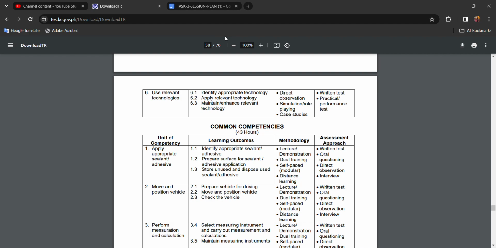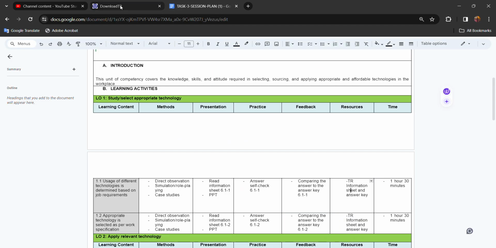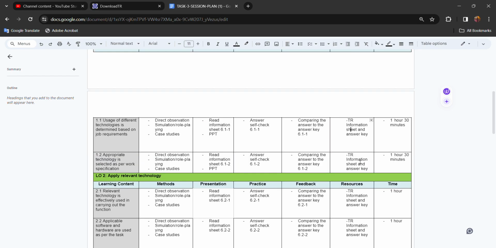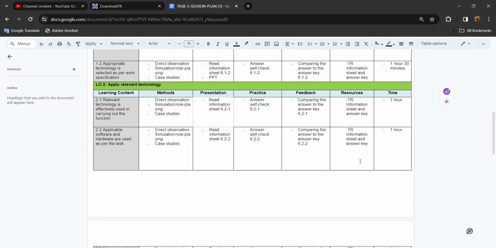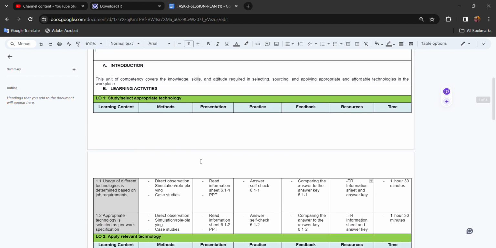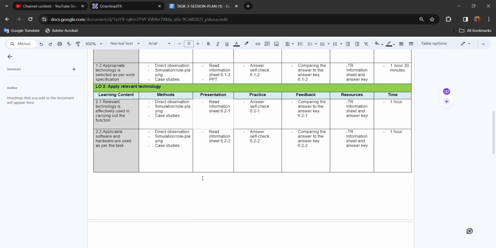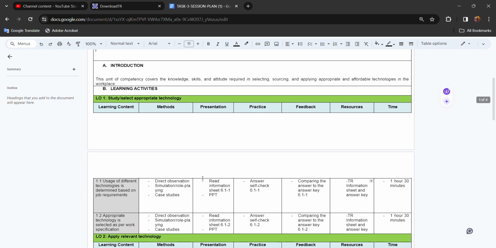There were 6 competencies, so there were about 3 hours per competency. I will divide the 3 hours into 3 learning outcomes.